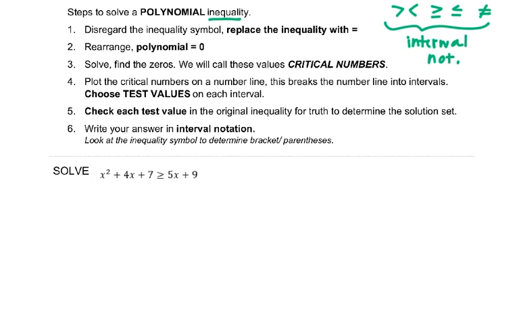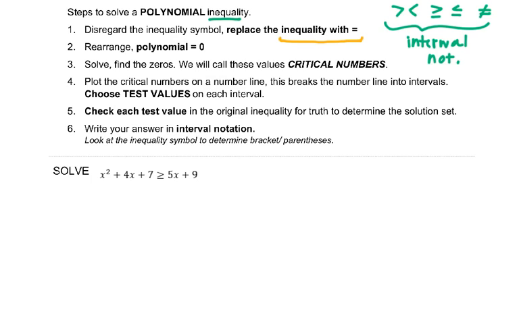In order to do these problems, and I like to write my steps out like a recipe, we're going to replace the inequality, or treat it as though it's an equal sign, and rearrange that polynomial so that it is equal to 0.